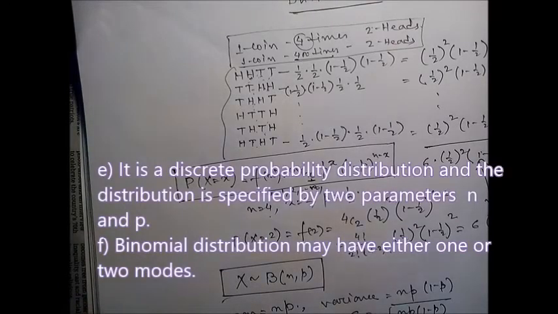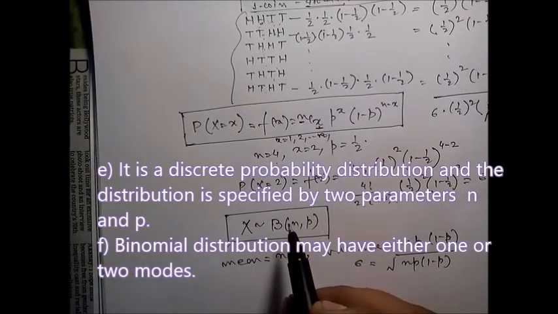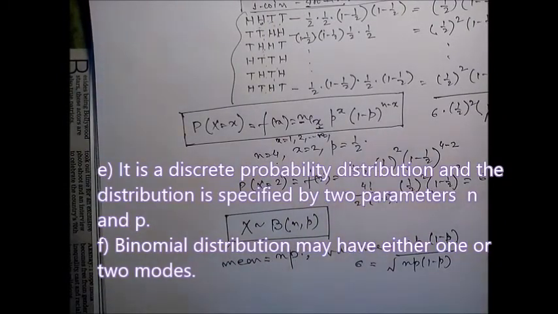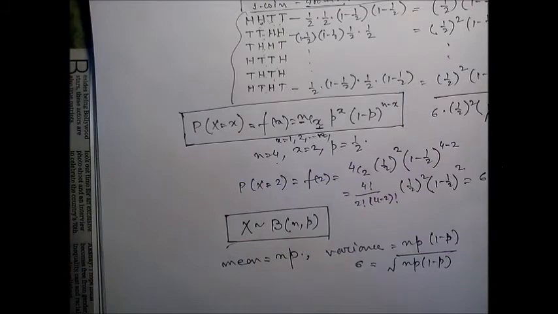It is a discrete probability distribution and the distribution is specified by two parameters, n and p. Binomial distribution may have either one or two modes. Now we can measure skewness and kurtosis of the distribution as follows.